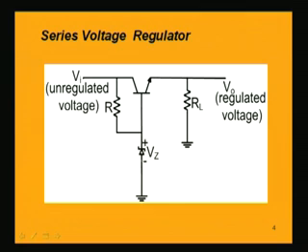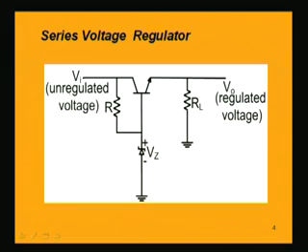Now, what is happening in this circuit is that we are having an unregulated voltage at the input Vi. It may vary. The unregulated voltage means that the supply voltage, which is the AC voltage, can vary, and we want to make the output voltage stay at a constant level.